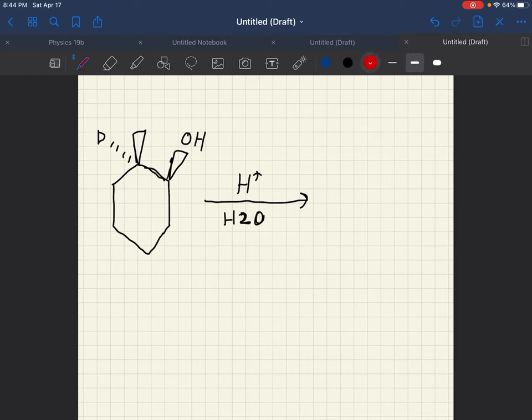So what's this one going to be? This one's kind of a difficult one. All an H plus ever does is it usually just protonates something. So it's going to protonate this OH, making it H2O, the positive charge.